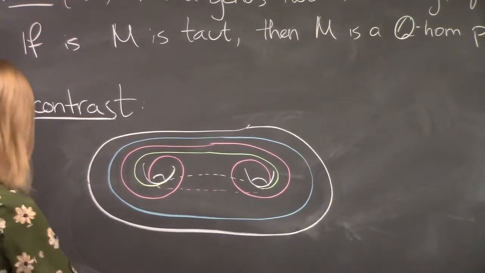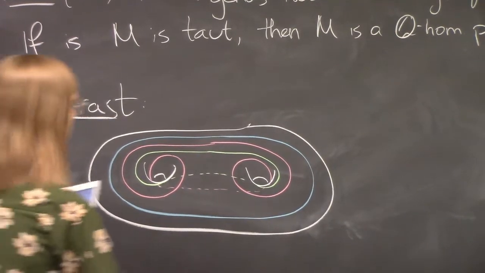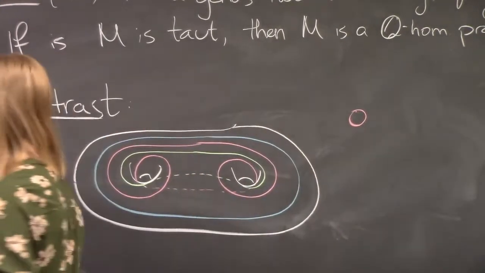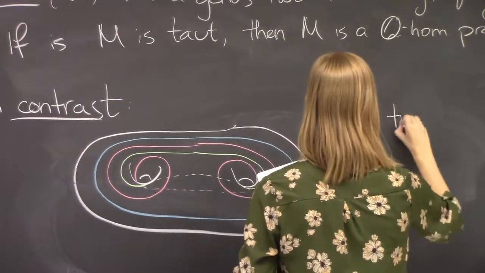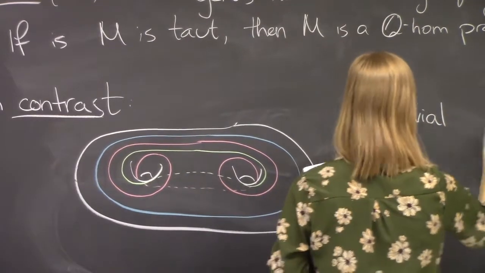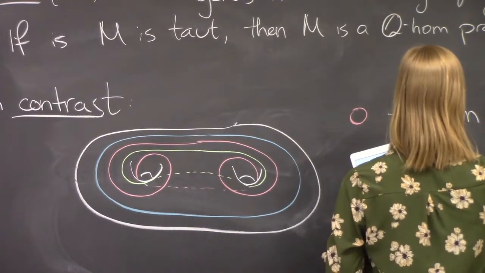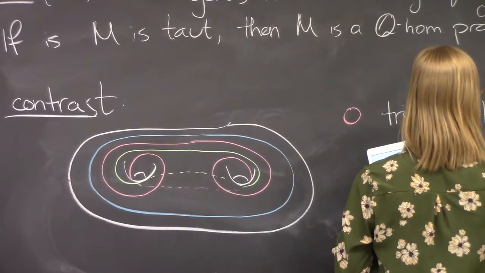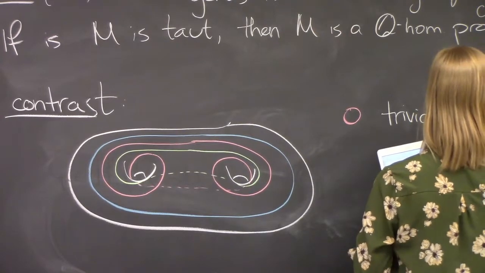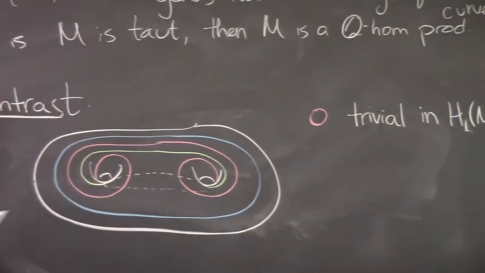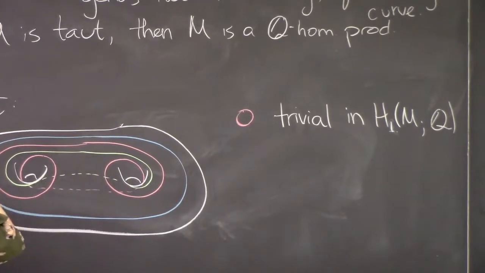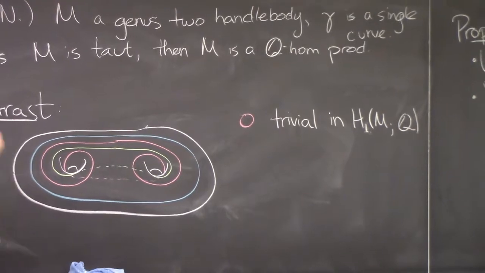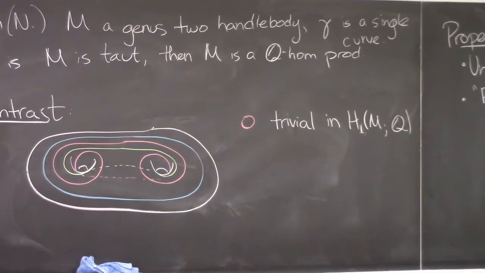However, if you look at the pink curve, the pink curve is trivial in rational homology of the handlebody, but not in the boundary subsurfaces.